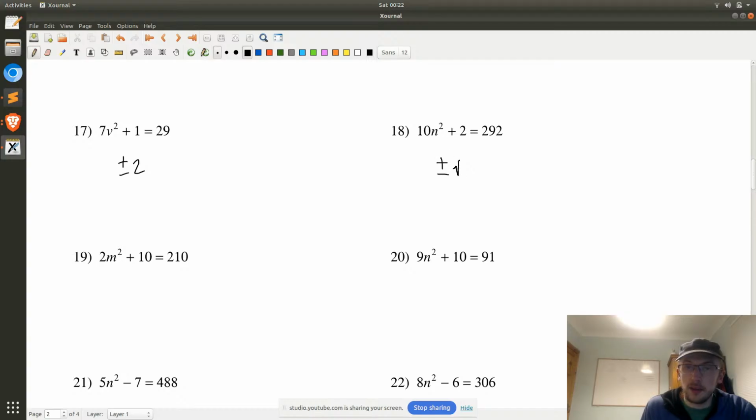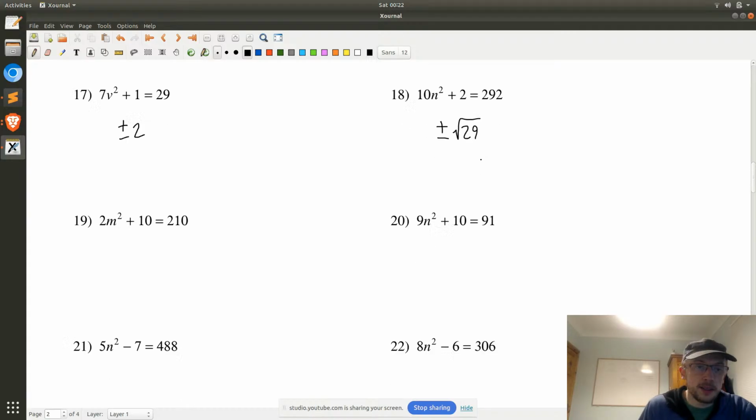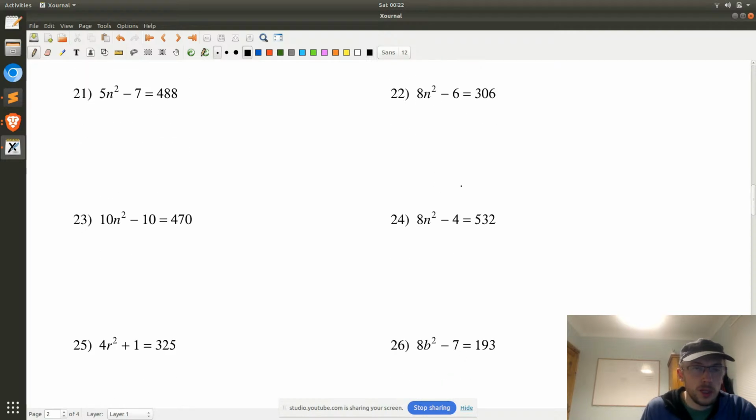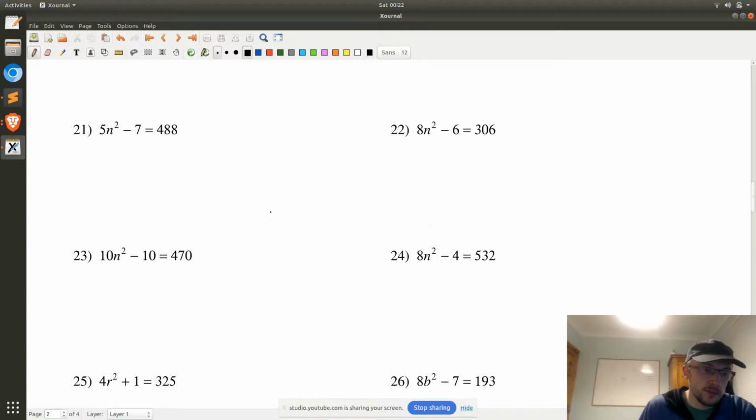So plus or minus root 29. 200. Plus or minus 10. Oh. Here. 495 over 5. Well, wouldn't that be 99?